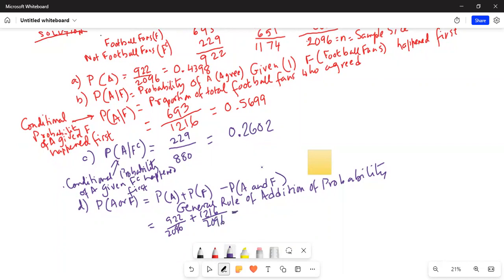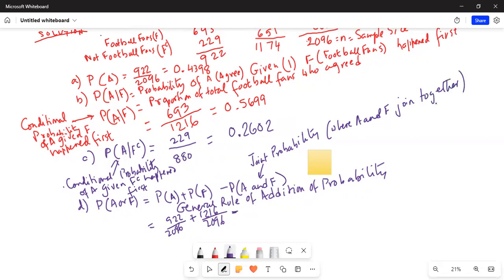Now, this is called joint probability, A and F, where A and F join together.